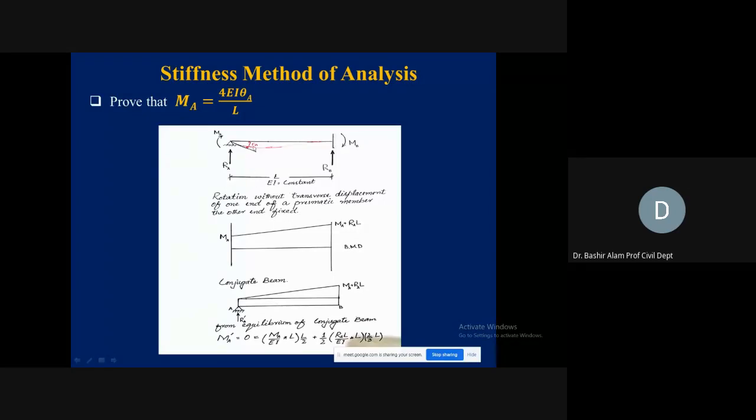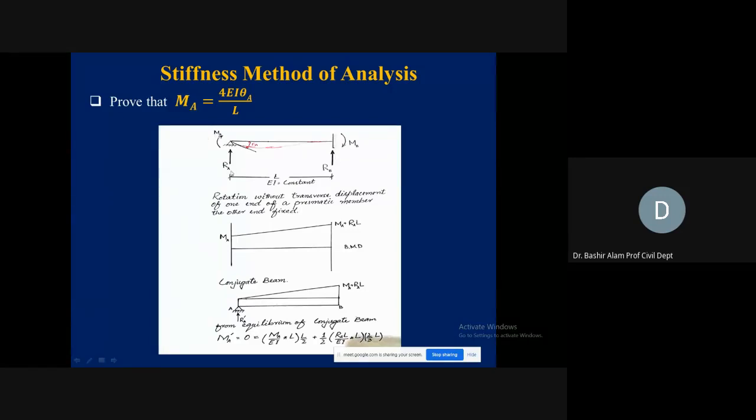Now, if we want to draw a bending moment diagram for this structure, here we have MA. Now, MB will be generated here. This MB is in an arbitrary direction; we assume this in the same clockwise direction. So what will be the moment here?